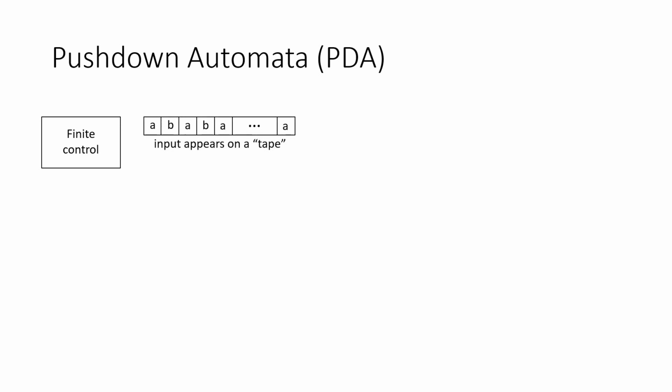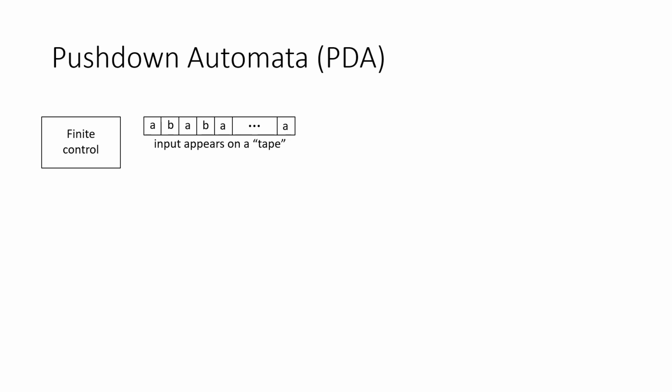Let's go ahead and talk about what a push-down automaton looks like. I have here something that looks a lot like an NFA. This is what we would call finite control. A push-down automaton has that same finite control, and it has the same sort of input that you've had before.